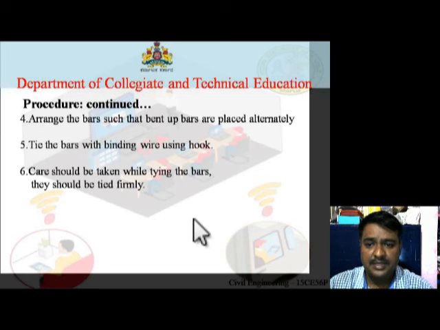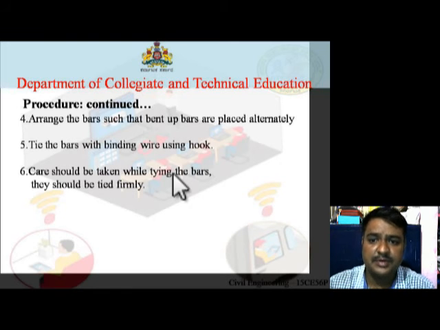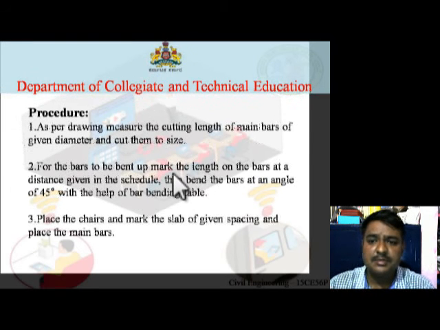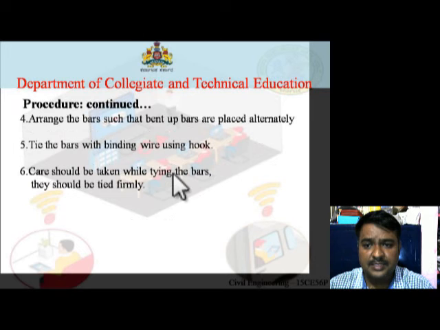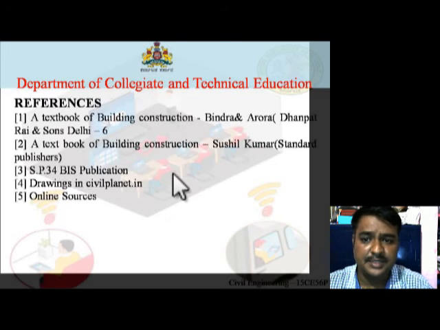So we should take care of this before going to the next step. Bars should be tied firmly. So this is about the procedure, which is how to conduct the experiment in the laboratory.